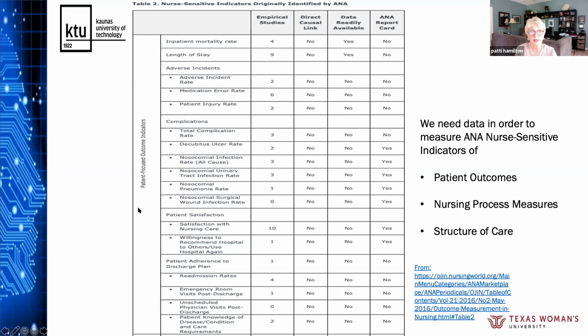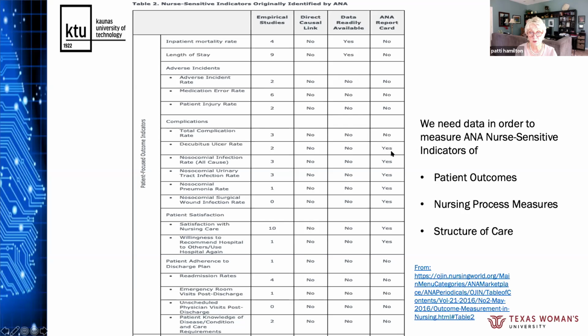If you'll notice, on patient outcome indicators, there are only two that she believes had readily available data on hand that we could have used to create a report card. And even though there are not readily available data here and there are not causal links here, there were still things that we were measuring in the 90s in the nursing report card for the level of nurse-sensitive care.